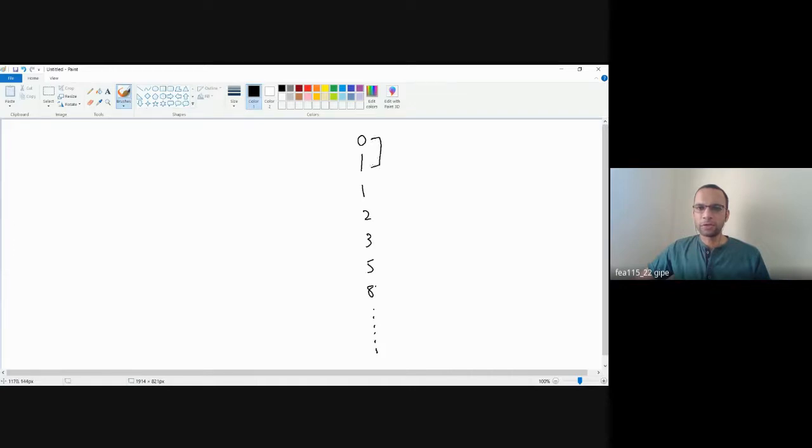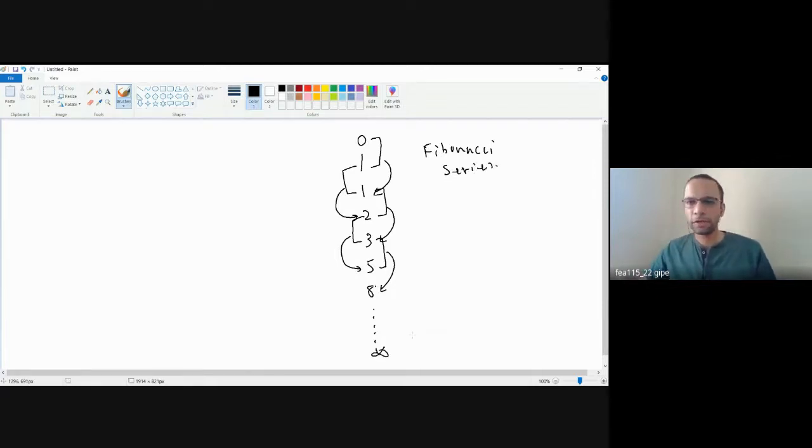So 0 plus 1 gives me 1. 1 plus 1 gives me 2. 1 plus 2 gives me 3. 2 plus 3 gives me 5. 3 plus 5 gives me 8. And so on. So this is what we call a Fibonacci sequence or a Fibonacci series. And this will run up to infinity unless we have a certain bound for that.